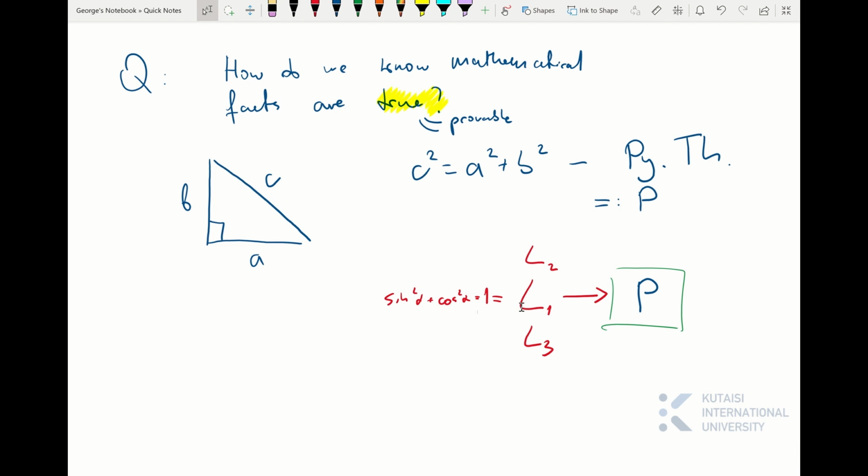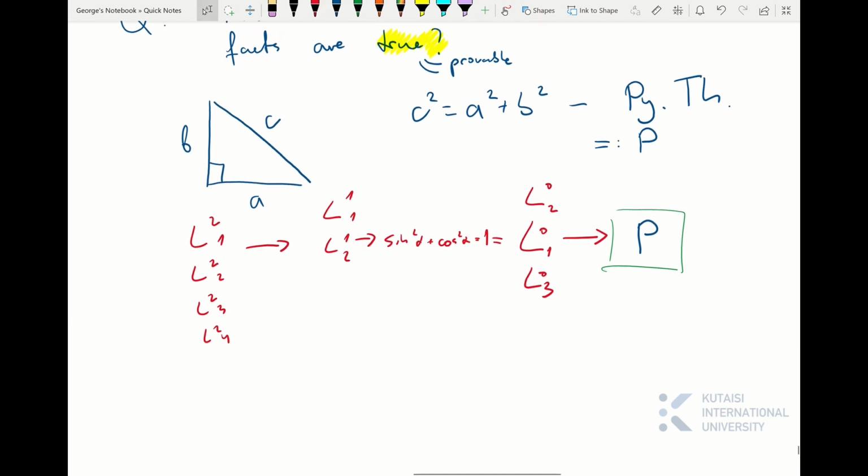Then there are some other sets, L11, L12, that imply this, and then maybe another collection of lemmas, L21, L22, L23, and L24 that imply this. And what you very briefly said is that this chain continues, and we stop somewhere.